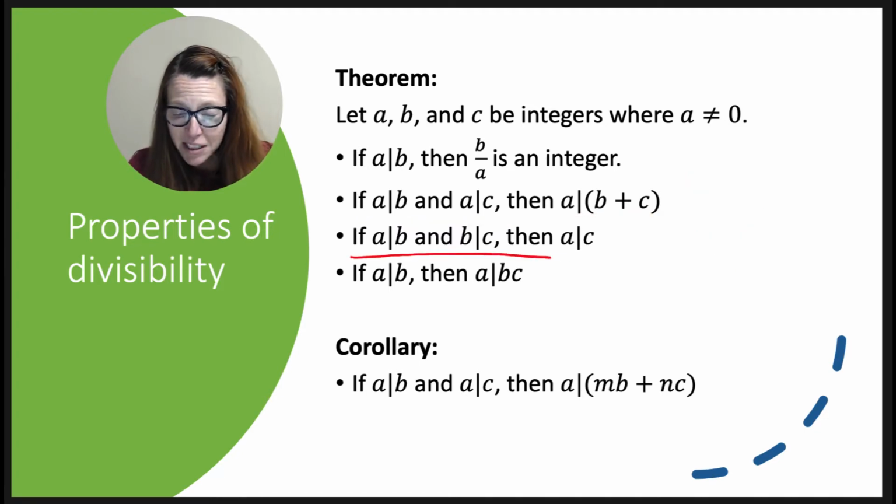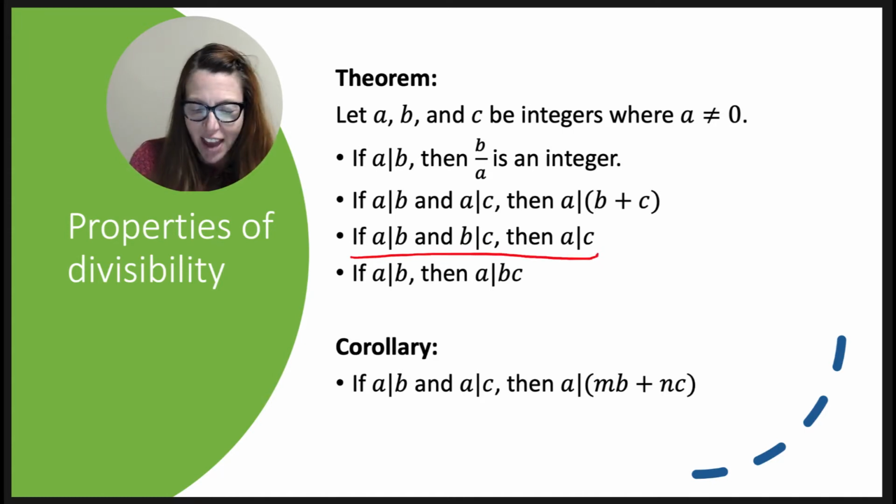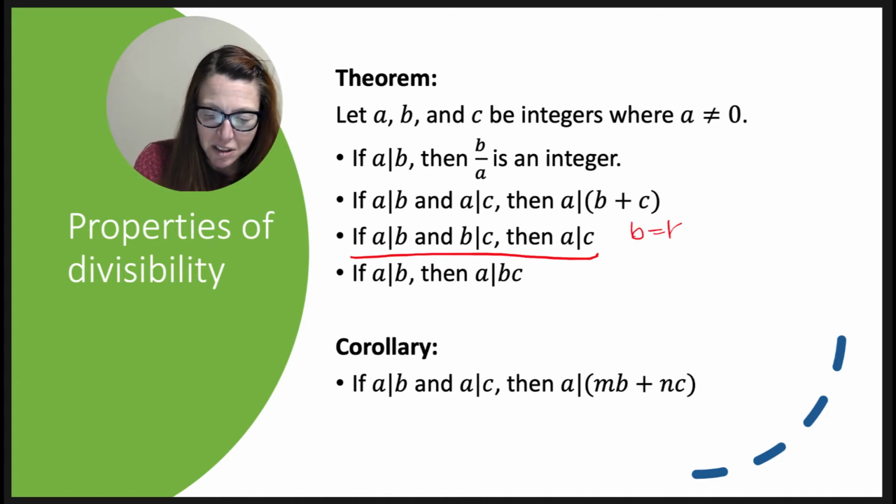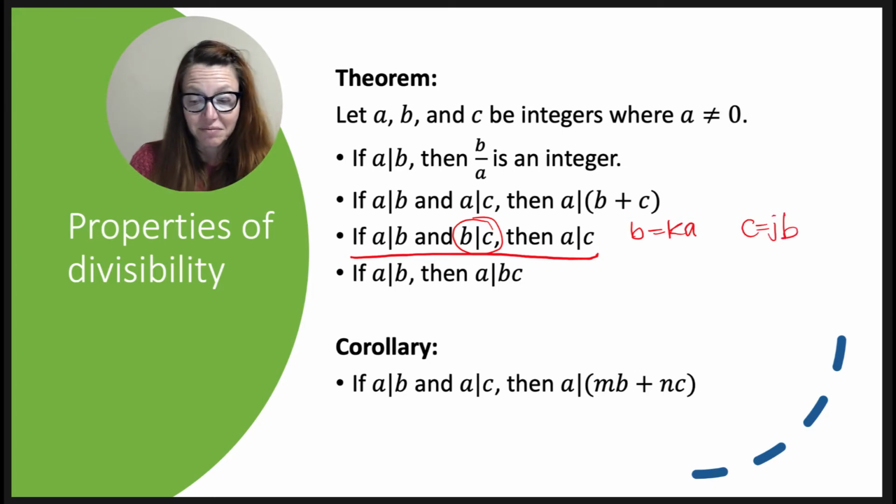If a divides b and b divides c, then a also divides c. And that's also straightforward to see. If a divides b, then b is equal to some multiple of a. And if b divides c, then that means that c is equal to some multiple of b.